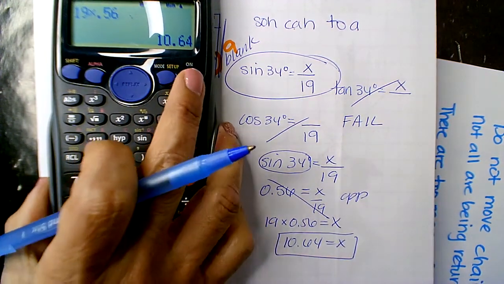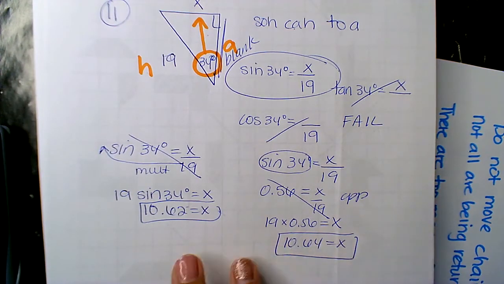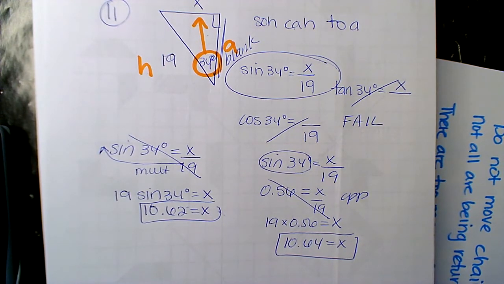Your answer is a little bit different, but if you guys have had chemistry with sig figs, significant figures, the one on the left is more accurate because we kept every significant figure. This one on the right is less accurate or perfect because we turned sine of 34 into a hundredth number, whereas here it took every single digit. But we're not landing a rocket, we're not shooting off a satellite. I mean, whatever, it's acceptable. Fair?